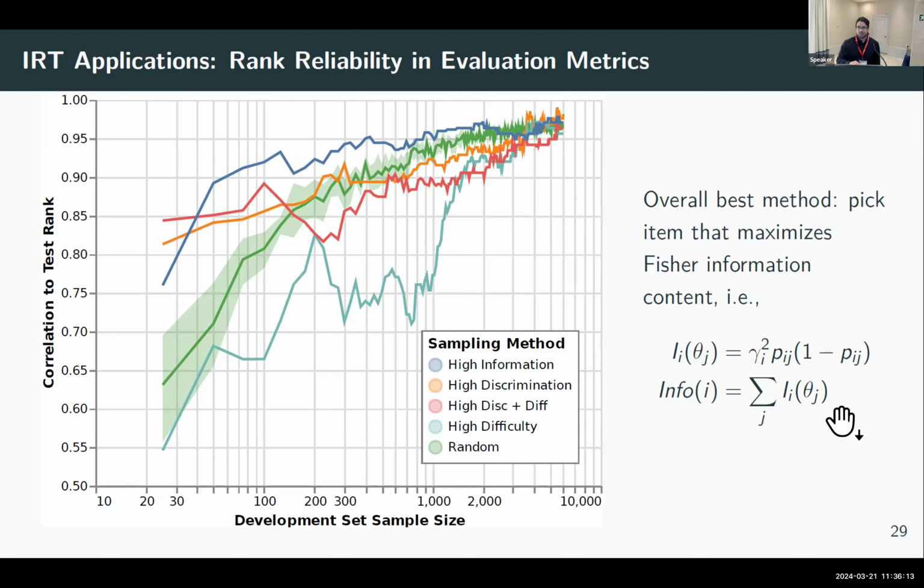And that happens when the probability of the model getting a particular question correct is 0.5, because that's the most entropic event that you have if you have just normal probability from 1 to 0. And as we would expect, that method overall does better, even if at the beginning it doesn't. The other thing to note is that the number of examples you have to pick is relatively small. You only need, say, 300 or 500 examples for this method to work well.